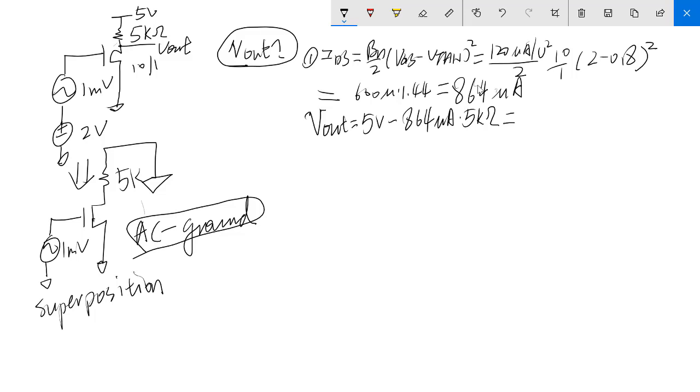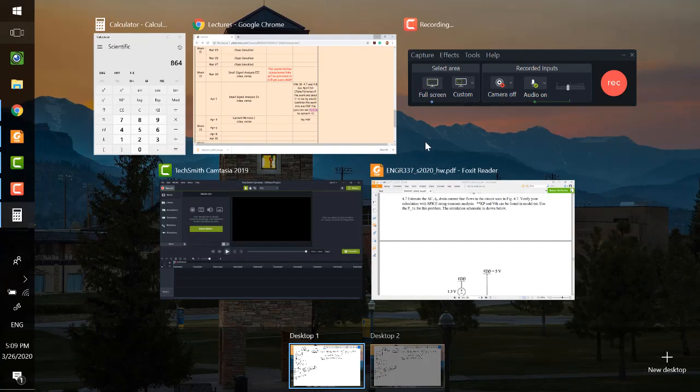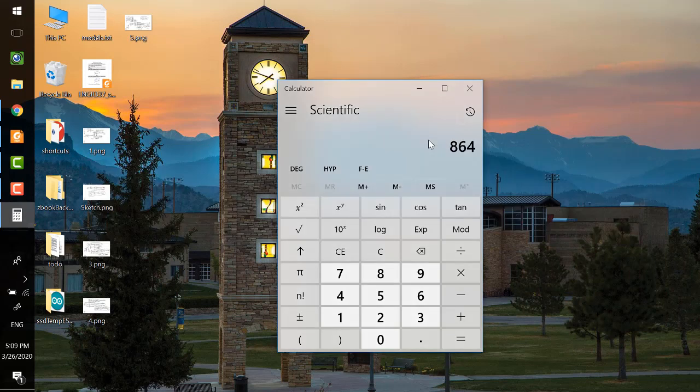If this is 900, yeah, let's not do that. Times 5K. Times 5. And K times micro will be milli, so it's going to be 4.320 volts.